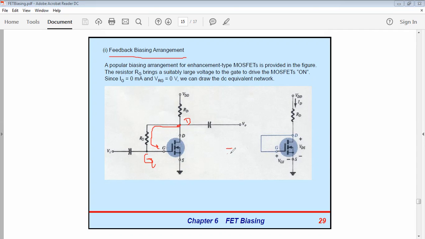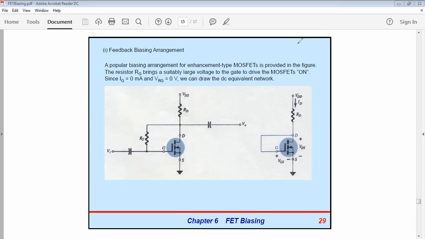Now the equivalent circuit for DC analysis. For DC analysis, capacitors are open circuit. Remove these two capacitors. Then already we know that for FET Ig is equal to 0. There is no drop across this resistor RG.